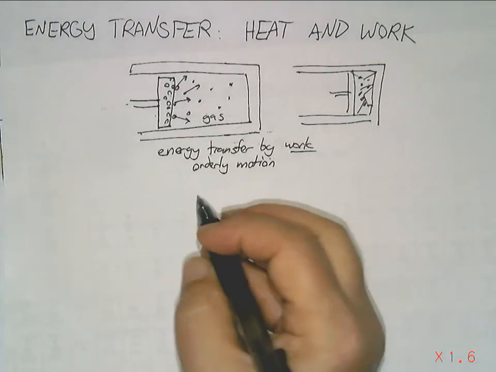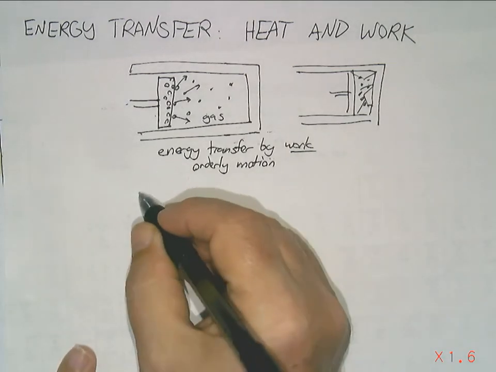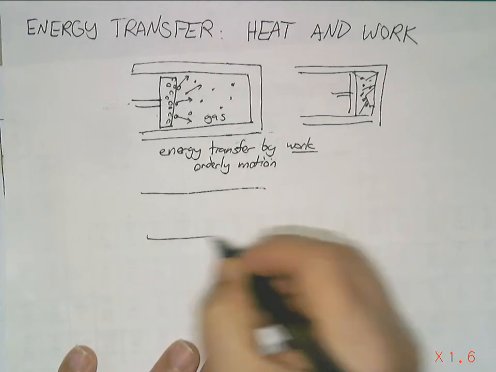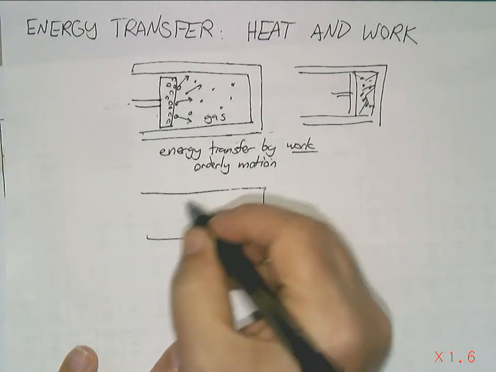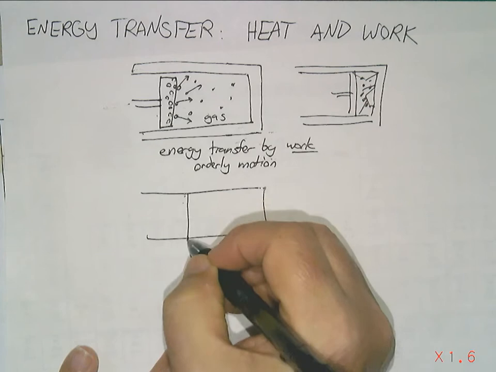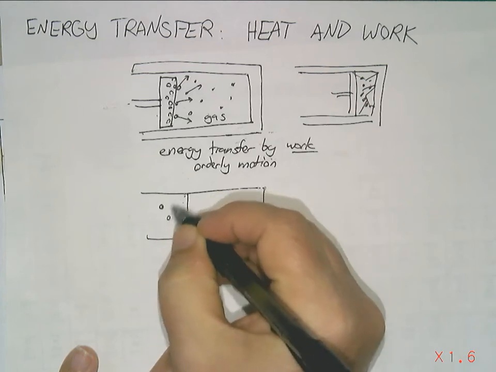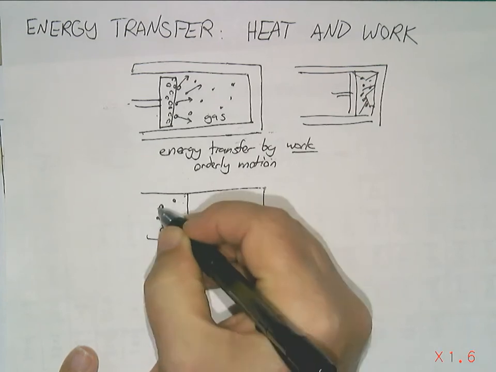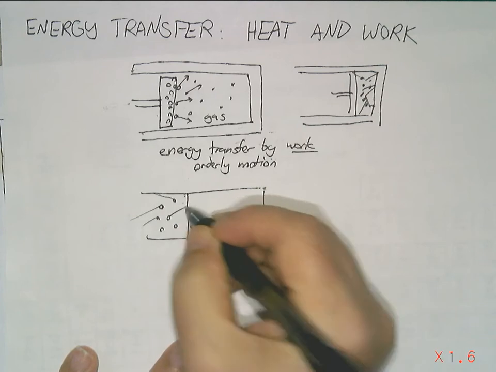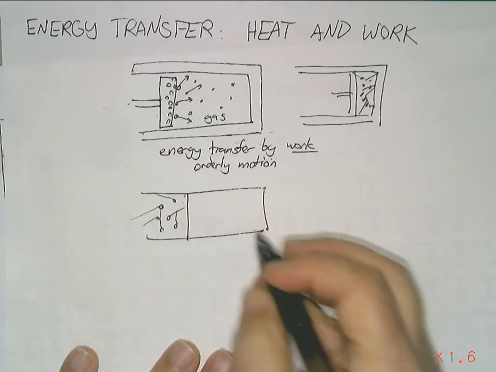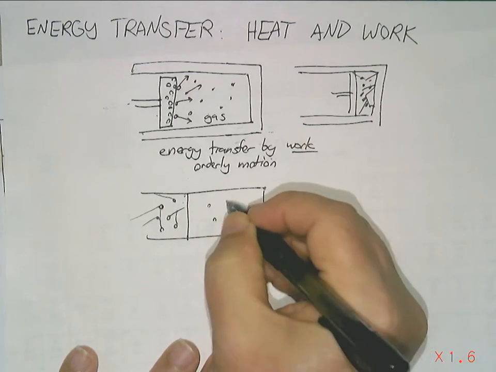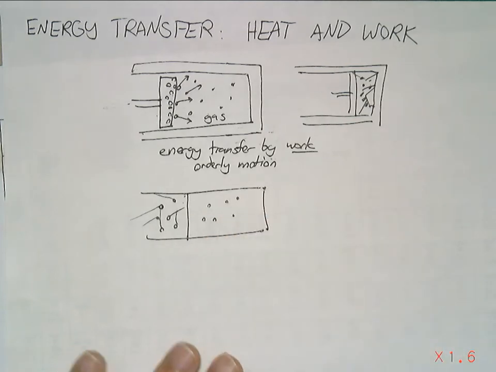Now you can also have random motion transfer energy. So suppose instead of a piston we have a wall, where we have a lot of fast moving molecules here. And they're moving in random directions maybe. And on the other side of the wall we have some molecules that are not moving very much at all.